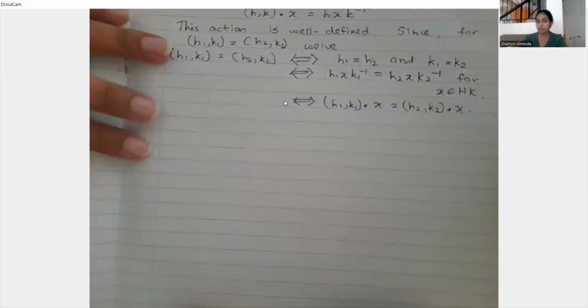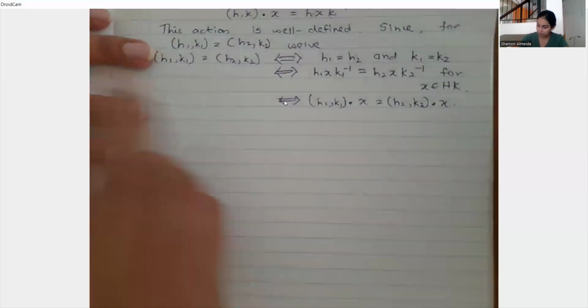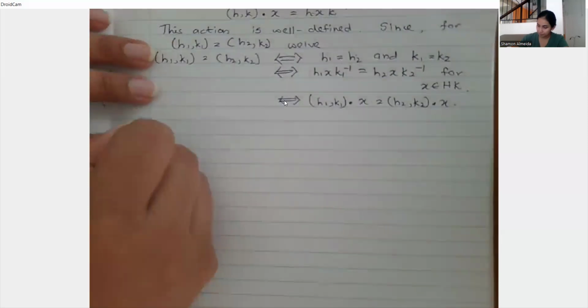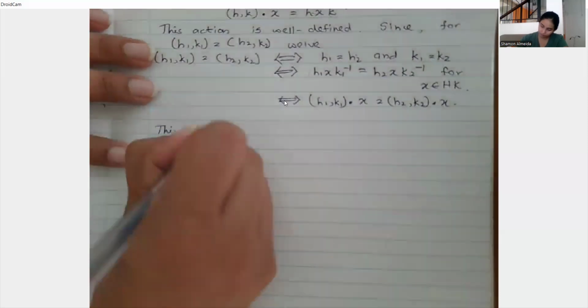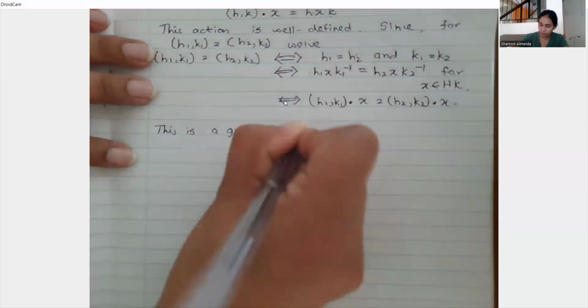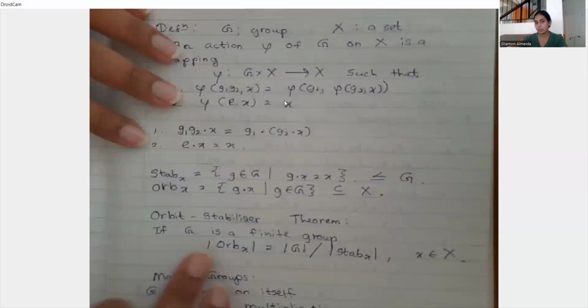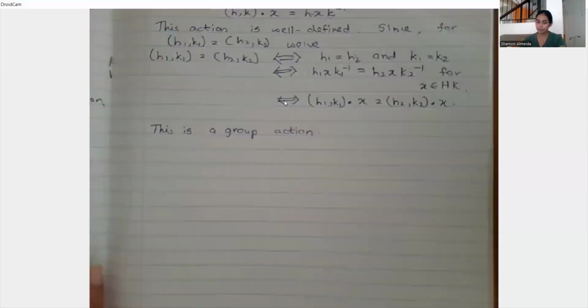Not just that, we also must show that this is in fact a group action. In order to show that, we have to show these two conditions hold.